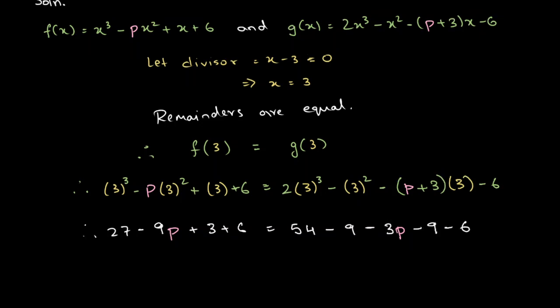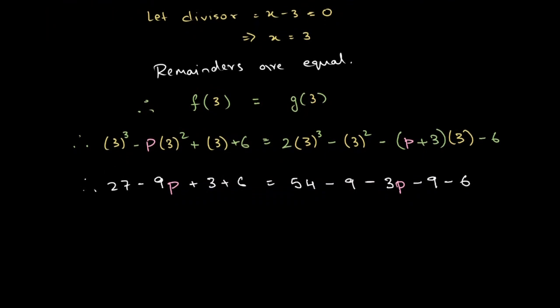All right. Let's simplify this a little further. 27 plus 3 is 30, 30 plus 6 is 36, so I can say 36 minus 9p is equal to 54 minus 9 is 45, minus 9 is 36, minus 6 is 30, so 30 minus 3p.